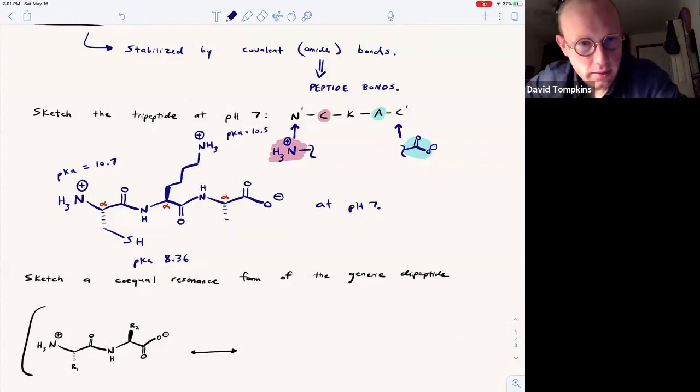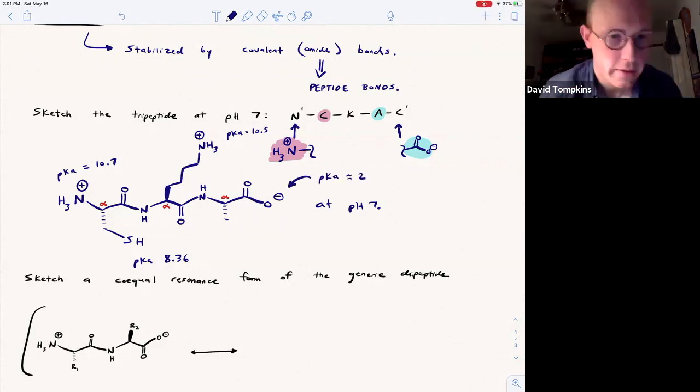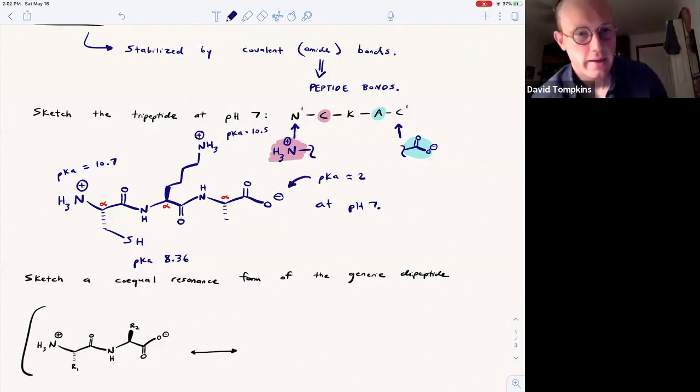The only one that will be deprotonated is the carboxyl, because that pKa is around 2. And therefore, we are more basic than that pKa and it has been deprotonated to 100% in solution.